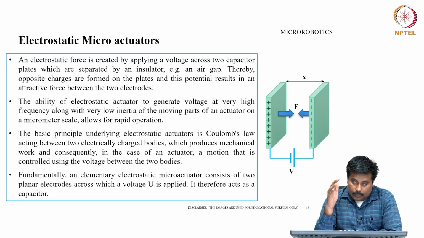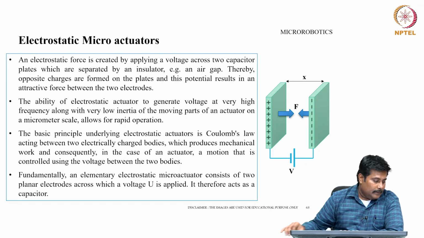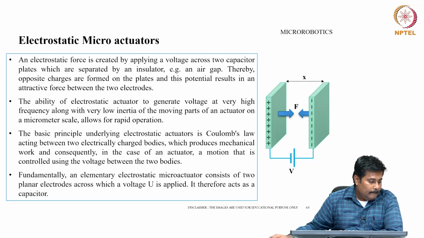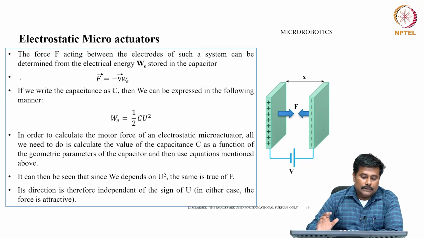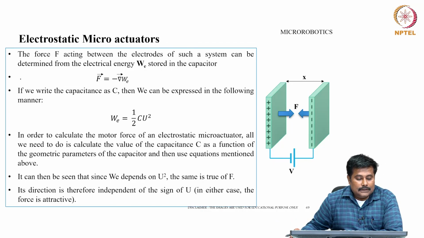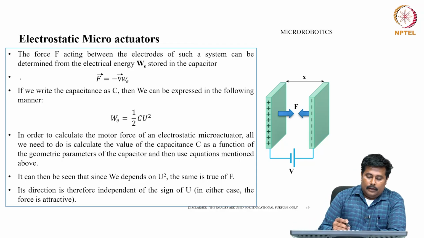Fundamentally, an elementary electrostatic microactuator consists of two planar electrodes across which a voltage U is applied, and therefore it acts as a capacitor. Now, the force F acting between the electrodes of such a system can be determined from the electrical energy We stored in the capacitor, like F is minus del We.